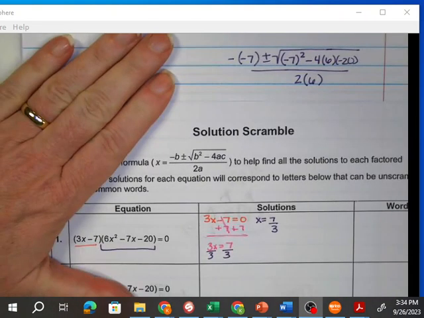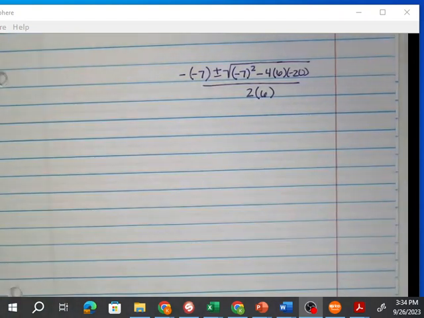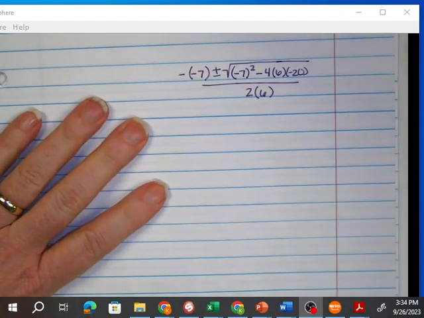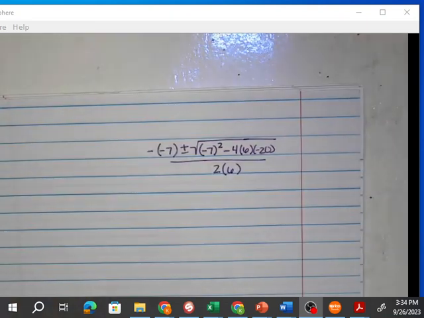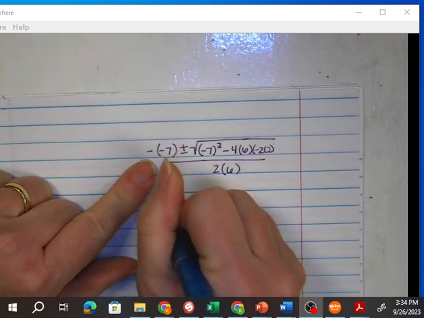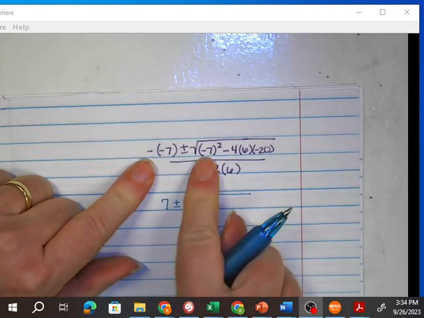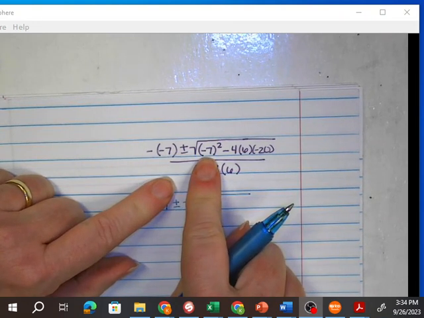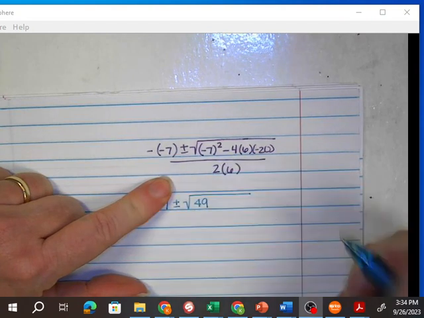All right, from here, I am just simplifying. Now, you can't just plug the whole thing in your calculator because the calculator is going to give you a decimal answer, and I don't want decimal answers. I want simplified radicals. So I'm just going to simplify it myself. Negative 7 is positive 7, plus or minus. Negative 7 squared is positive 49. All day long, squaring a negative gives you a positive.